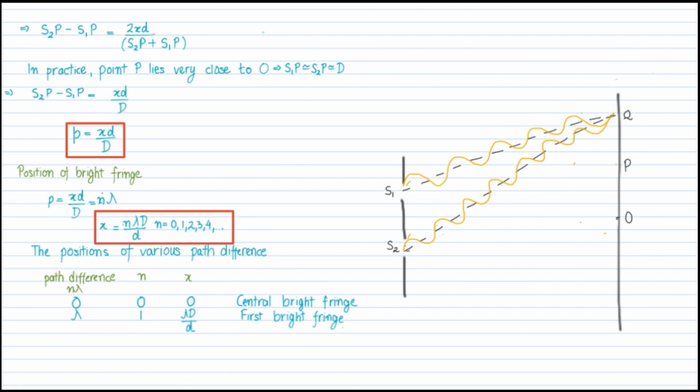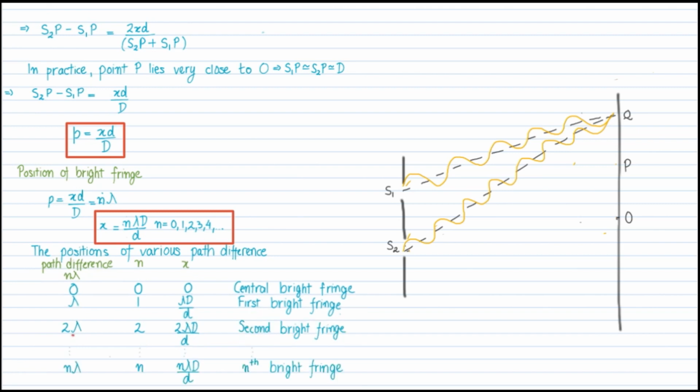In this case, how much is the path difference? It is 2 lambda. If it is 2 lambda, what is the value of n? 2. Then the value of x will be twice lambda D upon small d. So here also you will get a bright fringe, and this bright fringe will be known as your second bright fringe.